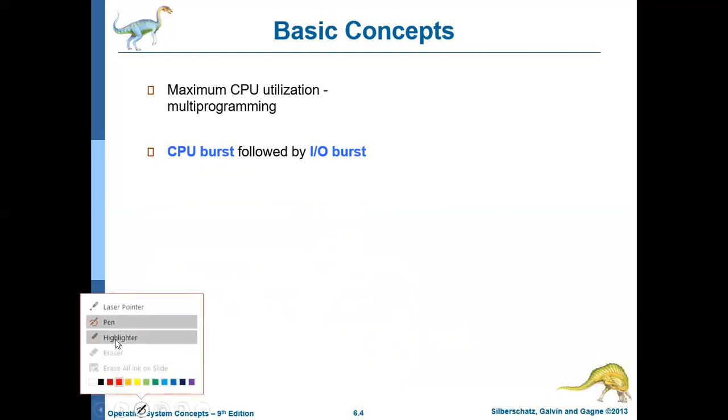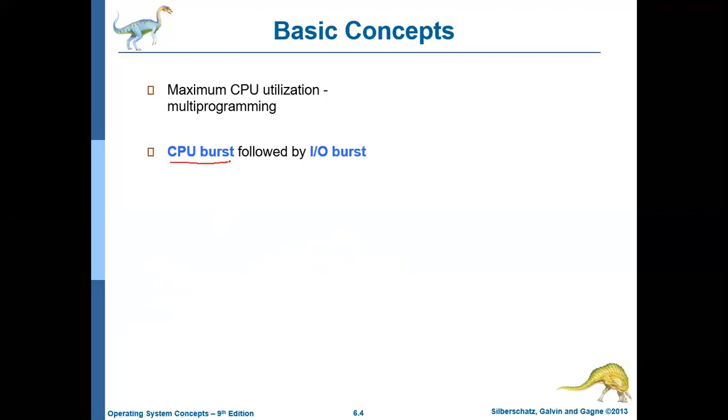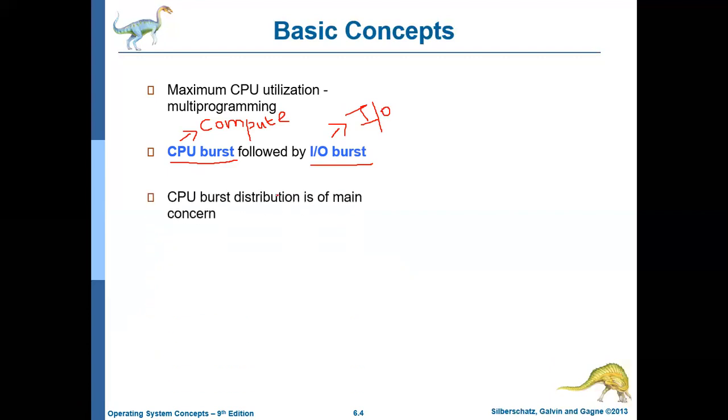It is a computation intensive task, where the involvement of the CPU is required. IO burst means during that time the process is performing some IO operation, or it is waiting for some IO device. That is called IO burst. So any process is a combination of CPU burst and IO burst.